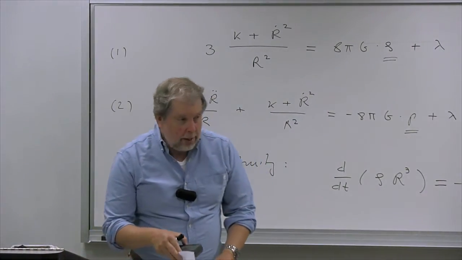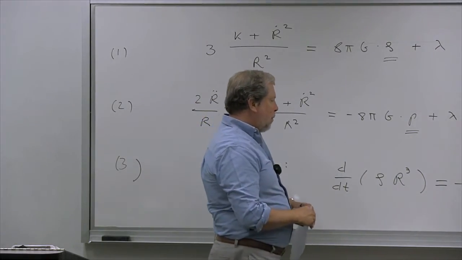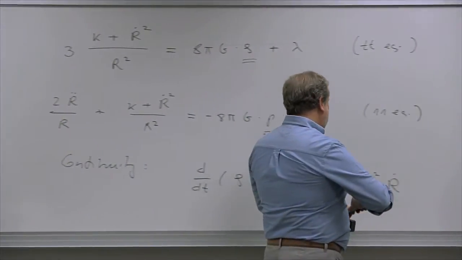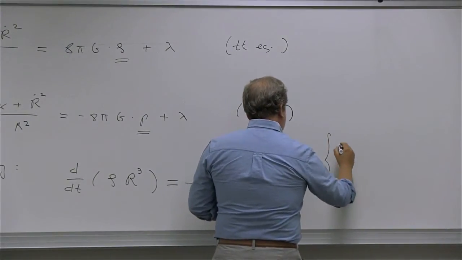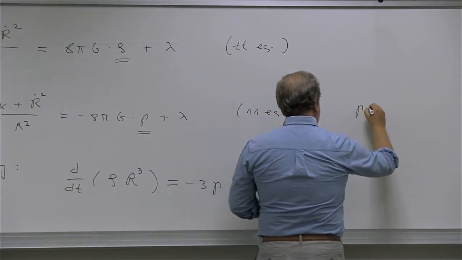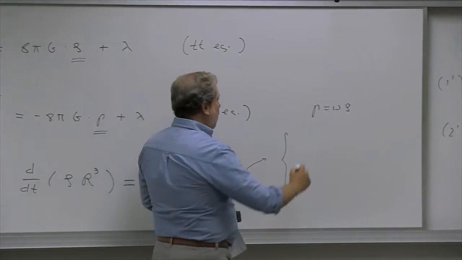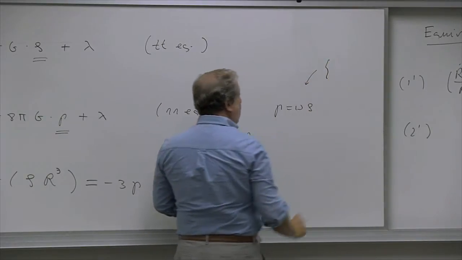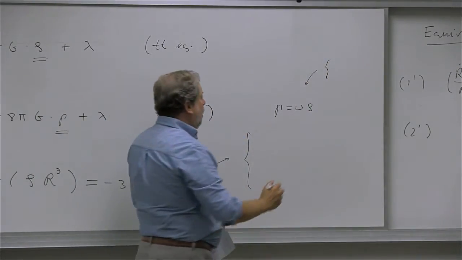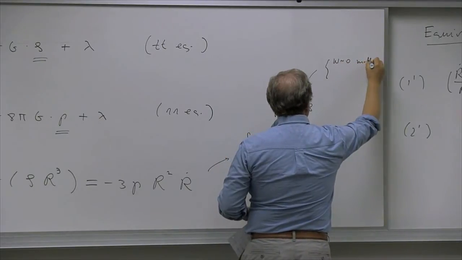Now, the other thing that you can check is, so let me write that here, right? So remember that the pressure is W times rho, right? And this W can take essentially, well, I would say 2 values, maybe 3, right? And so if W is 0, we have matter.